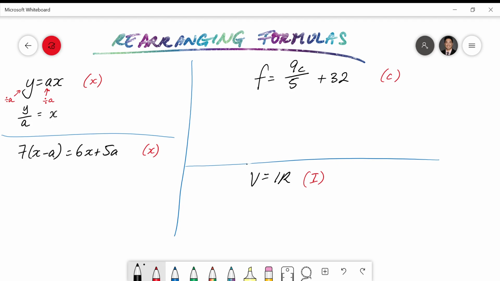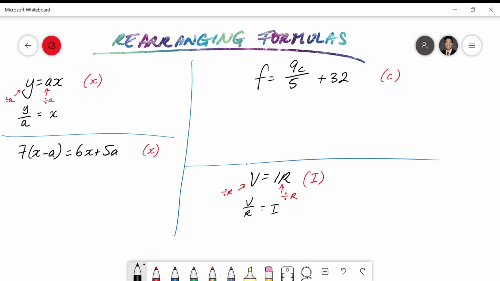To have I on its own, we need to get rid of the r, and because it's multiplied to the I, we also want to divide by r. To keep things balanced, we do the same thing to both sides. So I will be on its own, and v will be divided by r. I is by itself, and therefore we are done with that question.